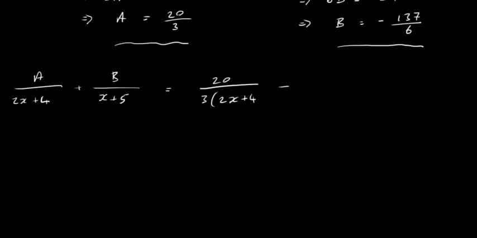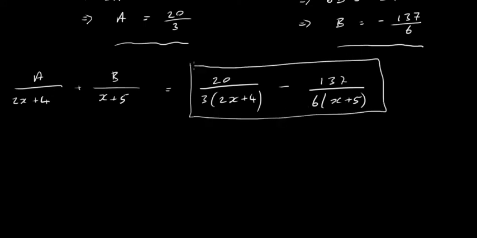So I'm going to leave this as minus, and I'll end up with 137 over 6 times (x plus 5). So I've kind of done two steps here. My a was 20 over 3, so I got 20 over 3 here. I brought the 3 down here, or really I've just divided two fractions, or flipped the denominator upside down and multiplied. So this is my answer here really.